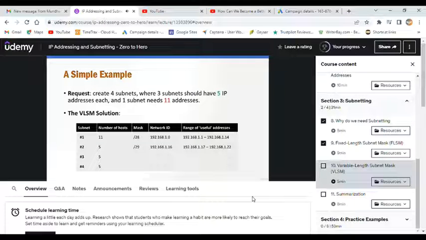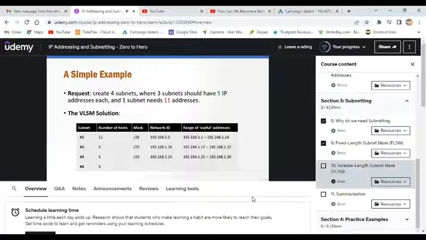For the other 2 subnets, it's actually going to be easy because the mask is the same. We only need to calculate the range. For subnet 3, the mask is /29. The network ID is going to be the next free IP address after the broadcast address of 192.168.1.23 from the previous subnet.